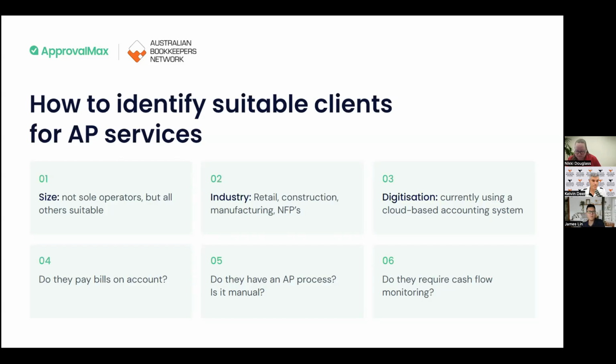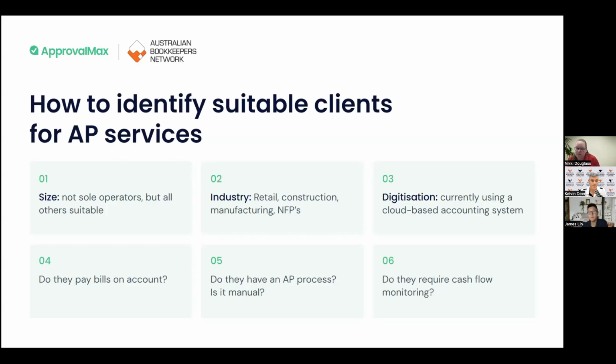One is something to capture the document with some OCR technology. And obviously these are all cloud-based. So that could be your Dext, HubDoc, one of those OCR capture services. Then we use ApprovalMax as our approval software.